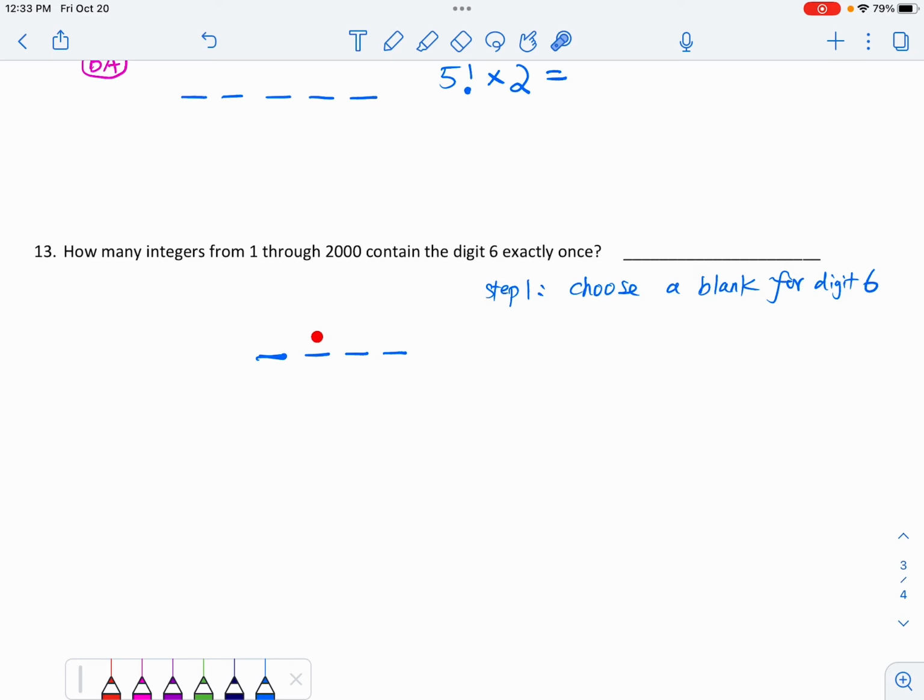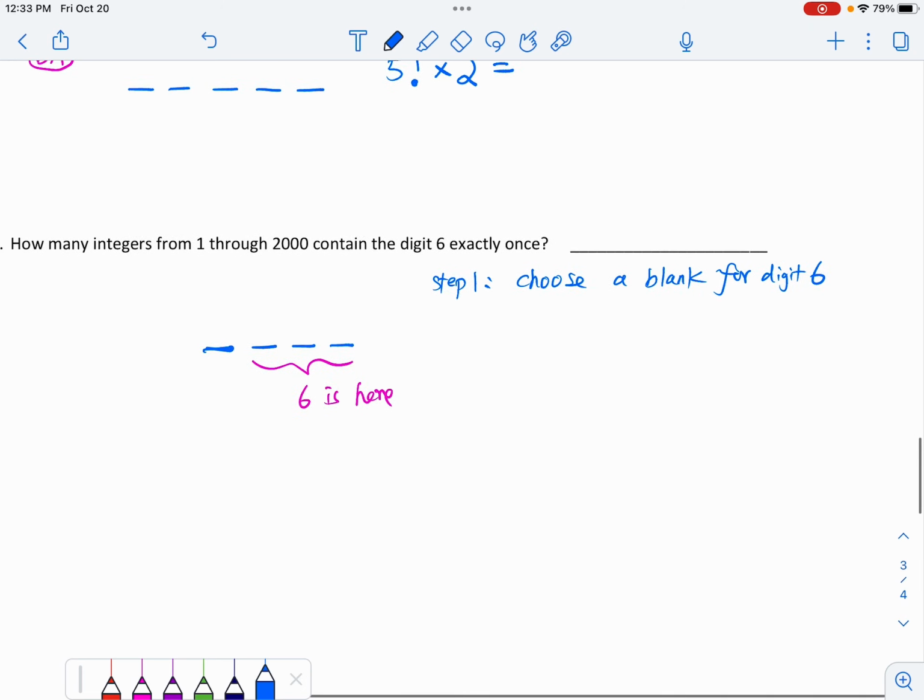So 6 needs to be in here or here or here. So 6 is in one of those 3. So how many ways can we achieve step 1? 3 ways, right? 3 different ways, because 6 can be only in one of those 3.